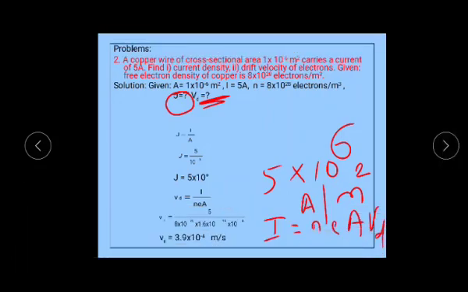Then, small n value is given, 8 × 10^28. What is small e? It is the charge of an electron, 1.6 × 10^-19 coulomb. Then area is given, 10^-6. So if you simplify all these, you will get 3.9 × 10^-4 meter per second. Meter per second is the unit of velocity. So write the unit. So very simple problem.